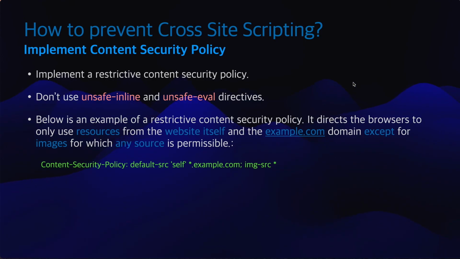I will be making a follow-up video on content security policy to explain all the directives that are available here. But in the meantime, if you are interested in content security policy, you can always Google it and find out how it's implemented and what it actually does to your website.